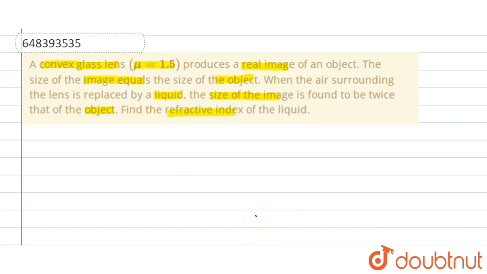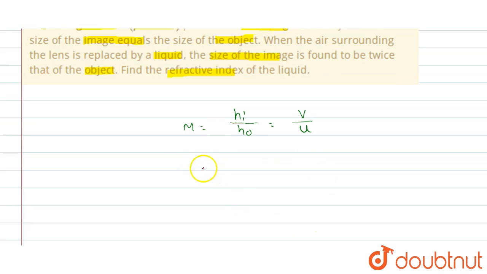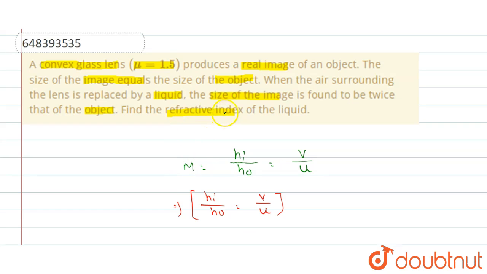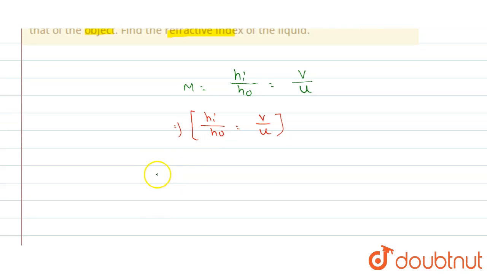Now we know, students, the magnification M of the convex lens is equal to the size of the image divided by the size of the object, which is also equal to the image distance V divided by the object distance U. So we can write HI divided by HO is equal to V divided by U. Now in this first case, when the surrounding is air, the image size is equal to the object size, that is, HI is equal to HO.